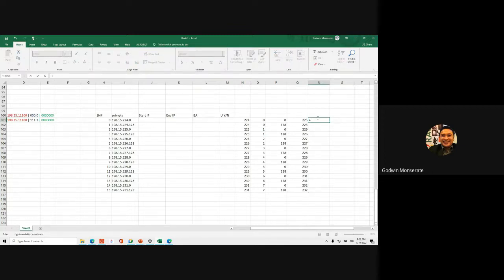The fourth octet is plus this one. That's wrong. Okay, the start IP should be 224.1. So in the fourth octet we do +1. This is wrong. So what is it supposed to be? This 224 plus 1. This one is plus 1.